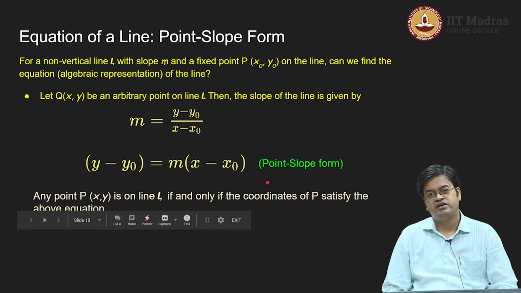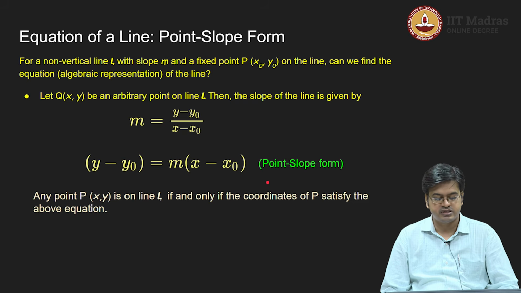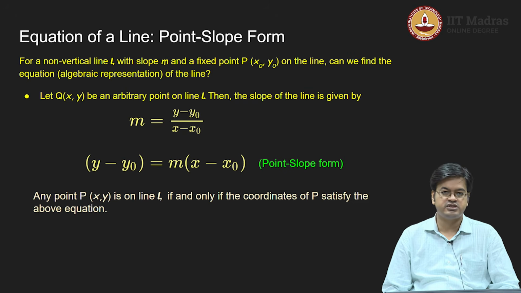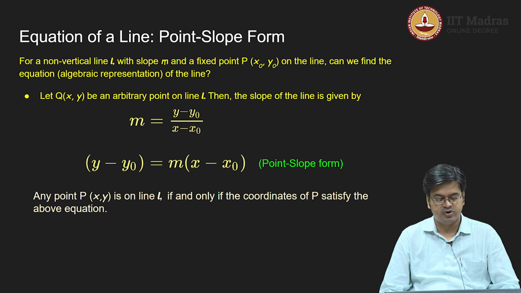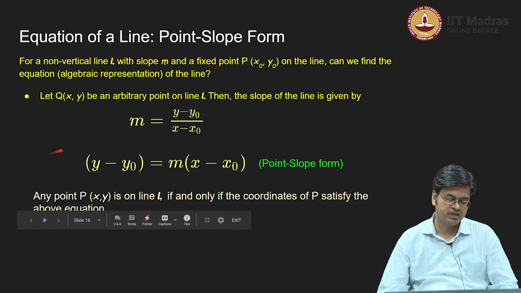Initially, when we started, we tried to represent a point, which is a geometric object, in terms of coordinate plane and the coordinates of the point. Now we are giving an infinite set of points having a certain condition, that is a geometric object of line, and how you can represent it algebraically using the equation of a line. So this is point slope form.